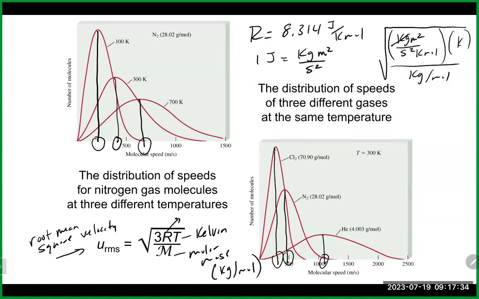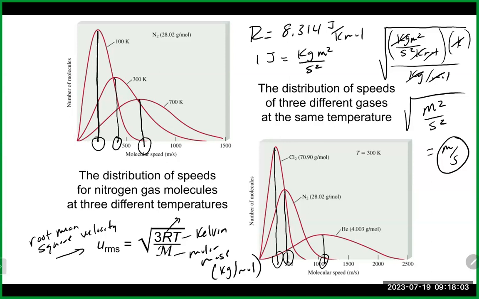The kilograms cancel, the Kelvin cancel, the moles cancel. That leaves us the square root of meter squared over second squared. When we take the square root of that, we end up with units of meters per second, which is the velocity units. So the R value is really the same number, but we have to use our molar mass in kilograms for everything to properly cancel out as meters per second.